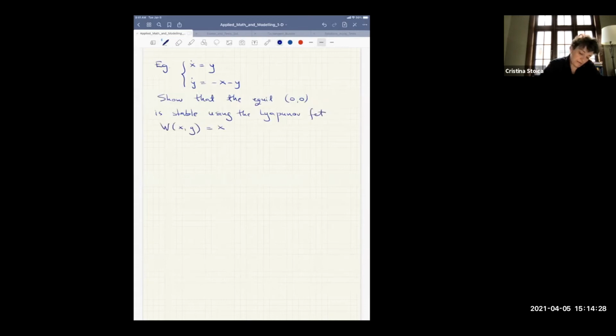Let's say x dot is y, y dot is minus x minus y, and show that the equilibrium (0, 0) is stable using a Lyapunov function, or the Lyapunov function, W of x, y is x squared plus y squared. Is (0, 0) asymptotically stable?